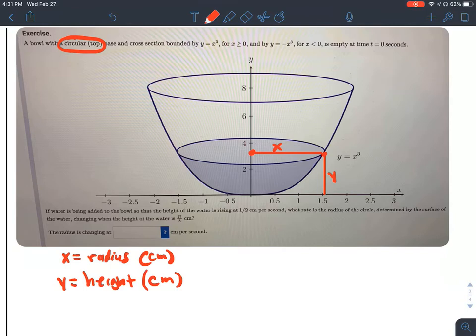Using this equation, and we could just as easily have used this equation because that represents this part over here, I'm just going to use the positive version. It mentions both, it's just saying this is symmetric to the y-axis. It's empty when the time is t equals 0 seconds, so that must mean that t is measuring time, and the units is seconds.